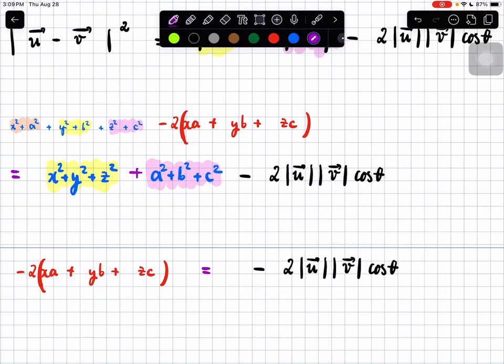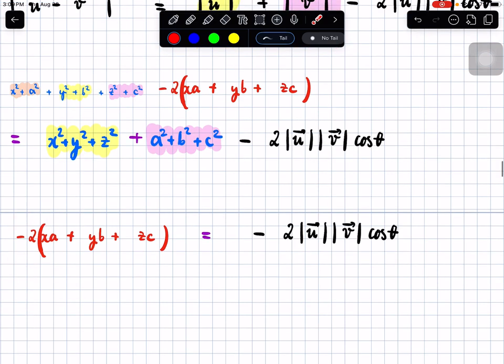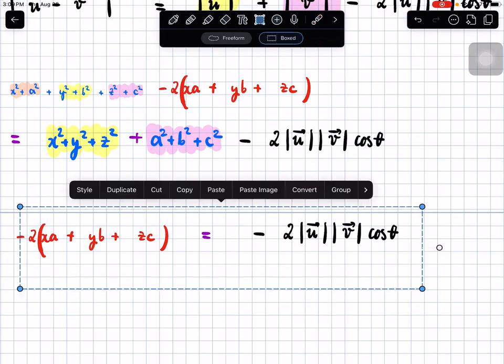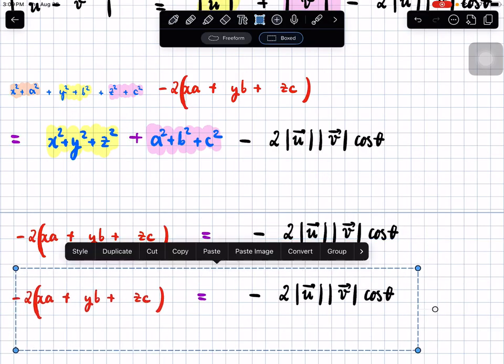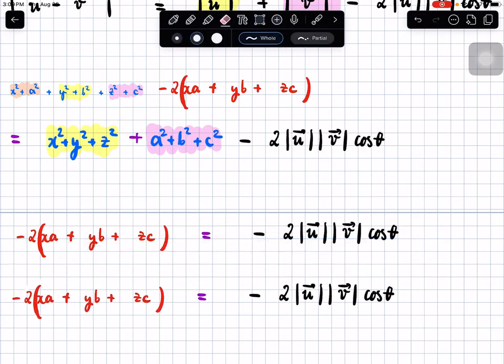Now we can go a bit further and cancel out the minus 2, since we divided both sides by minus 2. Here's what we have.